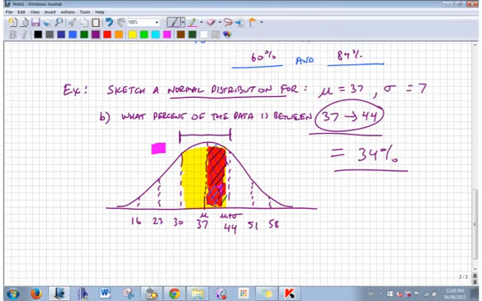What percent of the data is below 16? Last question. I'm not even going to write it down. That's here. Okay? Below 16.